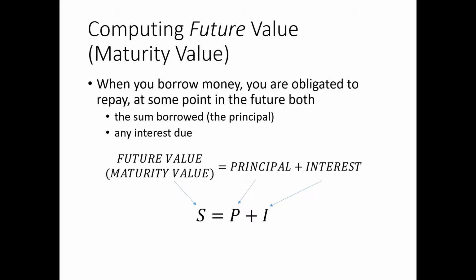This is a key formula. It doesn't look like much. It doesn't look complicated, but it is essentially the foundation of finance math. Your future value depends on the principal and the interest.